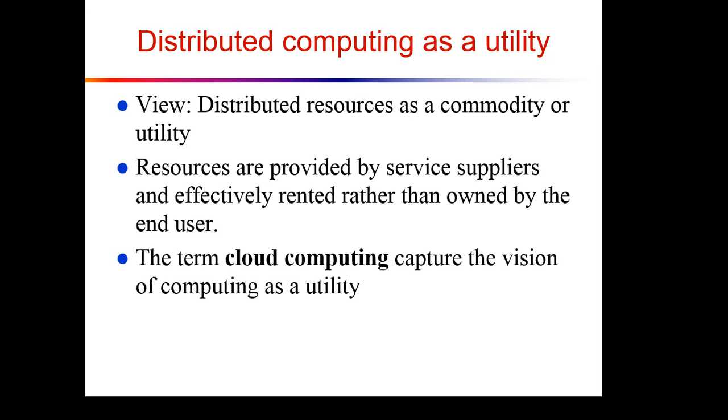Okay, distributed computing as a utility. Distributed resources as a commodity or utility in cloud computing, yes? Resources are provided by a service supplier and effectively rented rather than owned by the end user, and the term cloud computing captured the vision of computing as a utility.